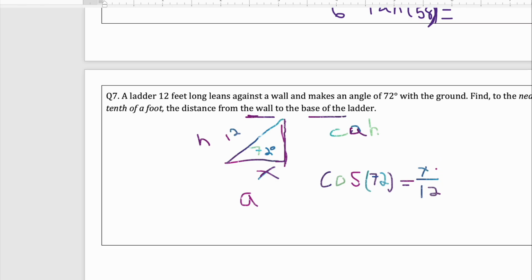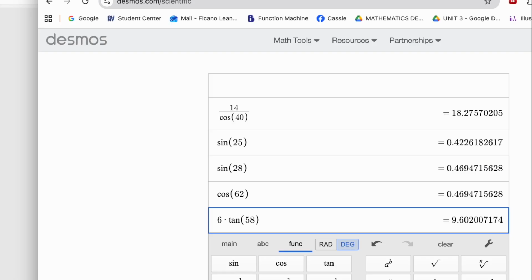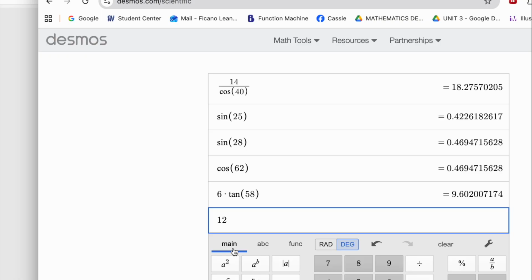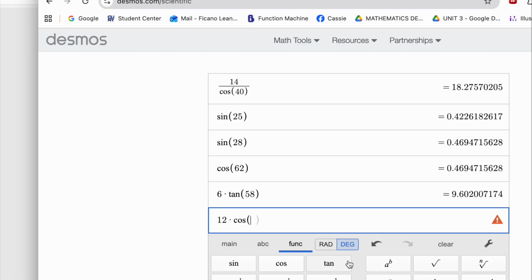The x is already in the numerator, so I'm going to cross multiply. So we have 12 times cosine 72.